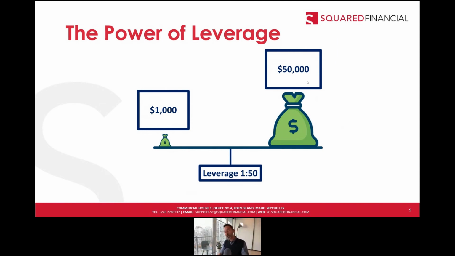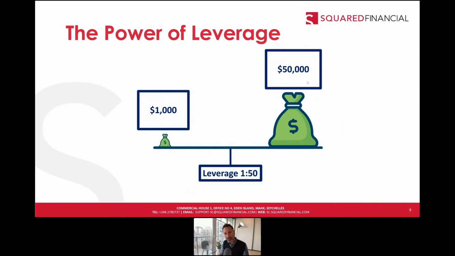If you have a leverage of 1/50, okay, you might have a leverage of 1/30, 1/50, 1/100, depending on how advanced you are as a trader and how much you're allowed to receive. The professionals can even get much higher than that. But let's say as a beginner, you have a leverage of 1/50.